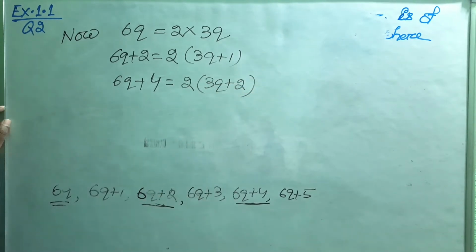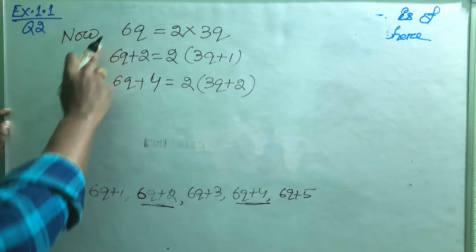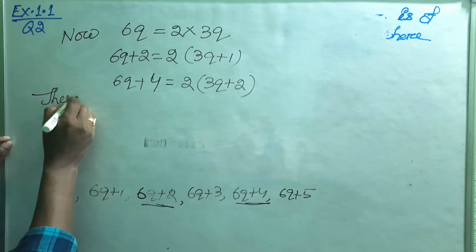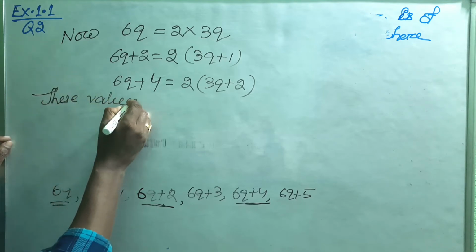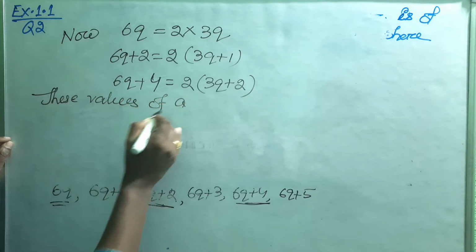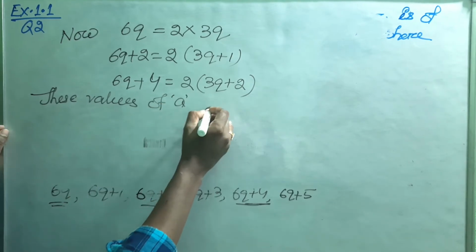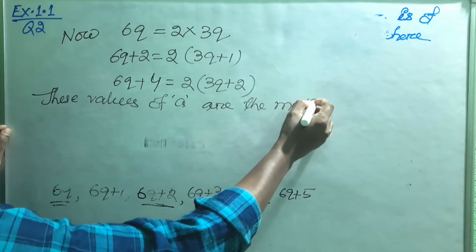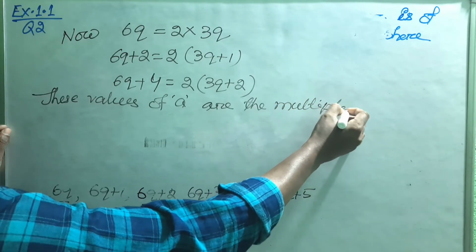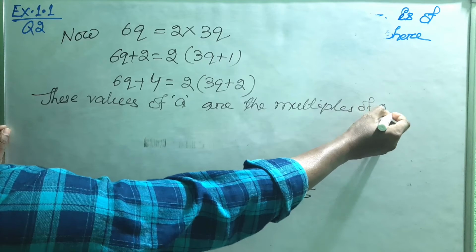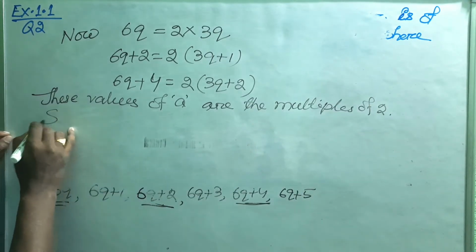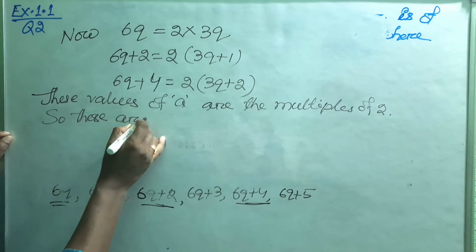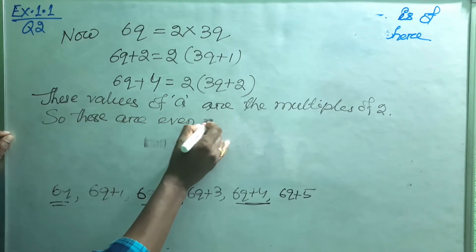Now these values of a are the multiples of 2. So these are even numbers.